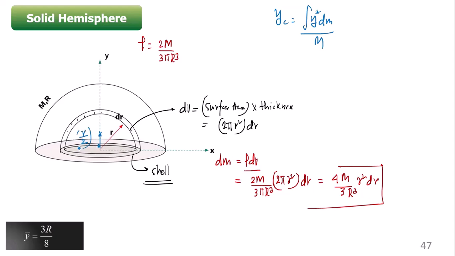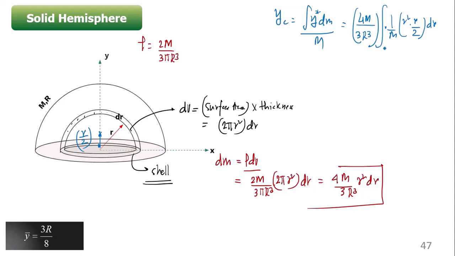So that r by 2 is our y. So y is r by 2 multiplied by dm, which is 4m by 3R cube into r square dr, divided by m.